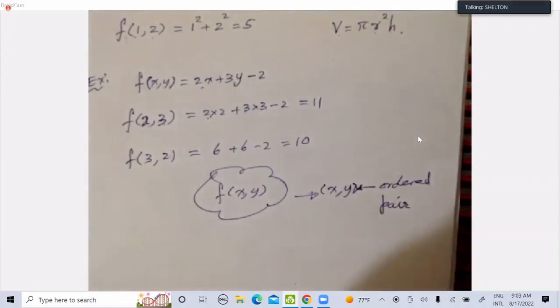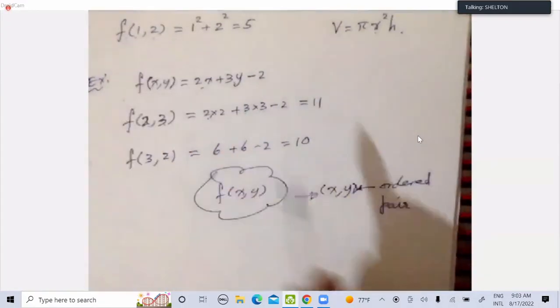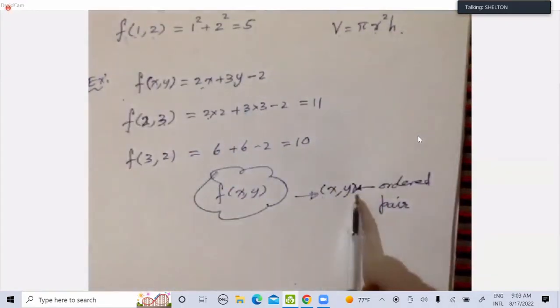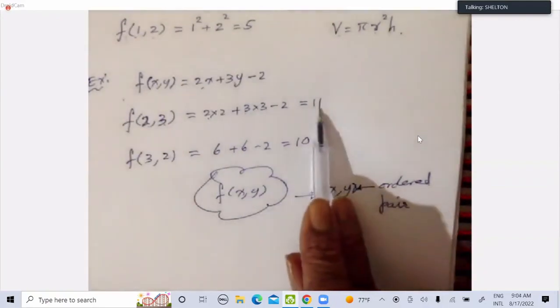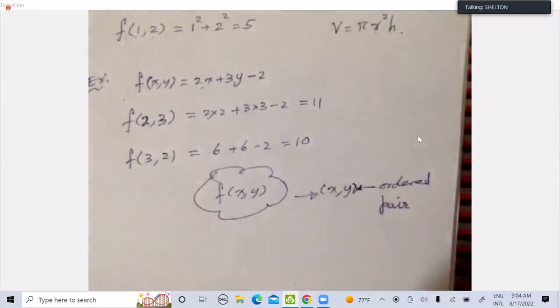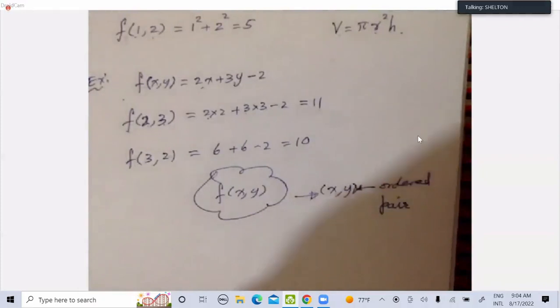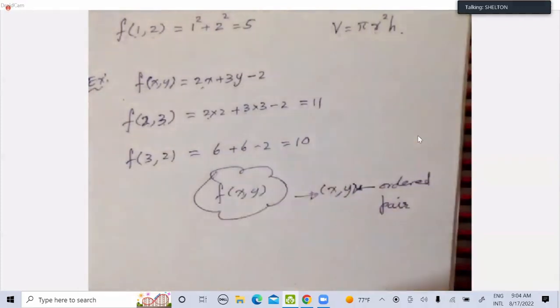So a function of several variables, or two variables here, is a rule that assigns to every ordered pair a unique real number. See, the input-output relationship is a function. Now you input ordered pairs. Your output is a real number.